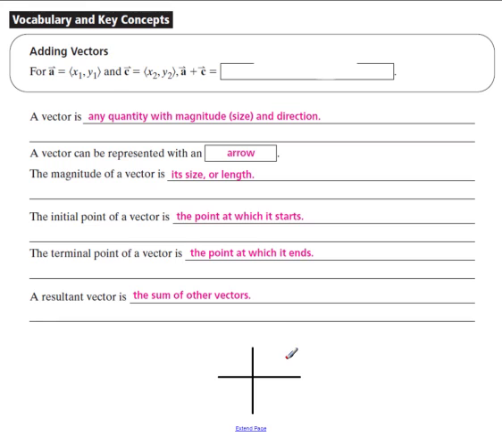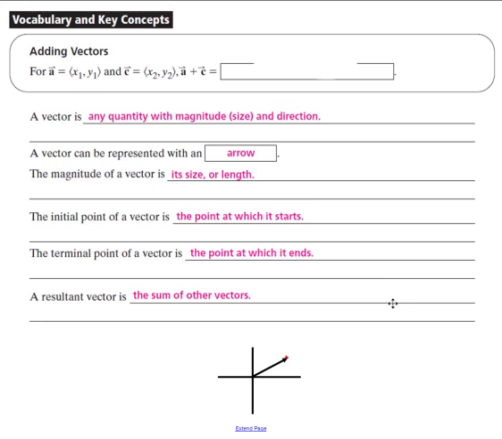So that'd be about right there. There's our point. Now, we could use that coordinate 3, 2 to describe a vector, right? The vector would be starting at the origin, and it would end at that point. So we can use x and y coordinates to describe vectors as well.